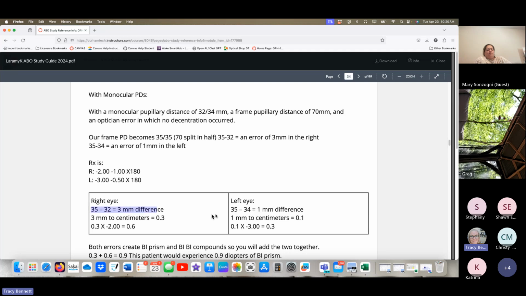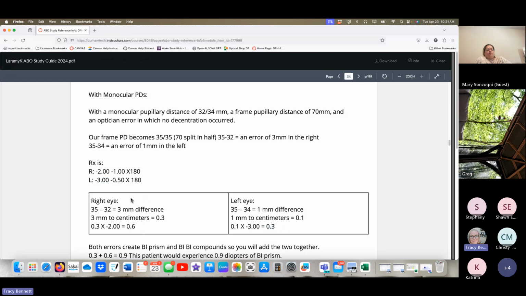If you see the 3 millimeters here and the 1 millimeter, that was 4 millimeters total, but because each one was slightly different, we ended up with different millimeter errors here. So anyway, just pointing that out. So we take that 1 millimeter difference and multiply it by the power in the 180, because we're talking PD. And that comes up with 0.3.